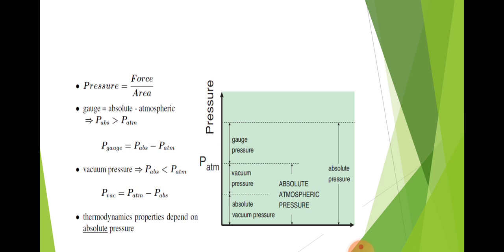So one limb of the U-tube is open to the atmosphere and the other end is connected to the vessel having a pressure less than the atmosphere. So the absolute pressure we get by taking the difference between the pressure due to the atmosphere and the manometer reading. So you can get the absolute pressure.